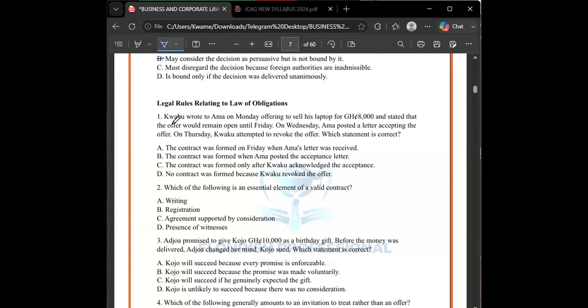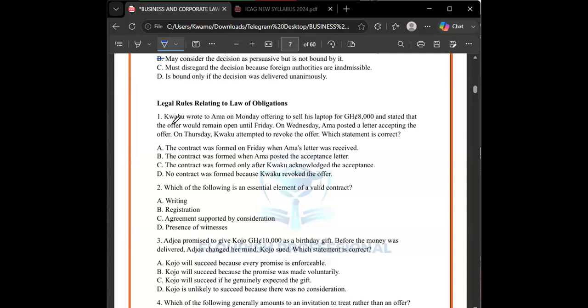So as said earlier, ADR is other options aside from the traditional way of settling disputes. And some of the methods include arbitration, where we give the case to an independent and impartial person known as the arbitrator.